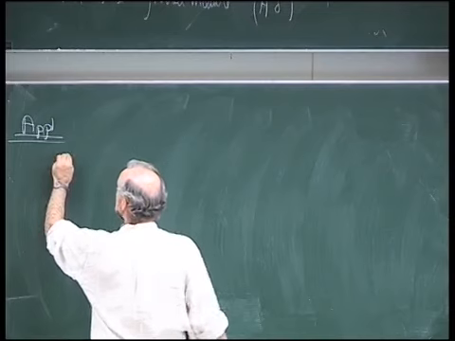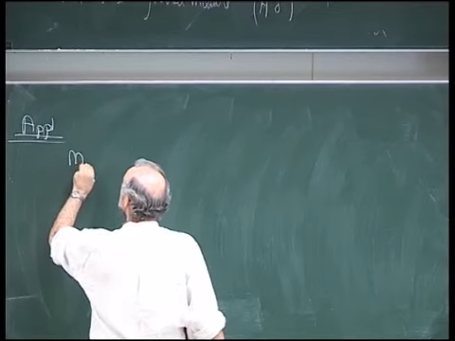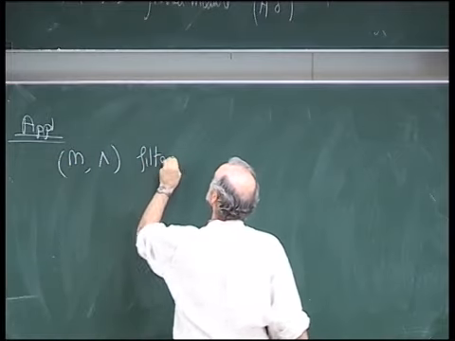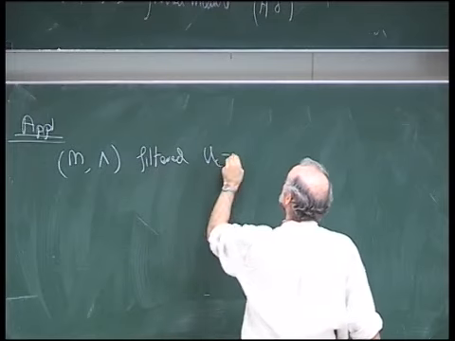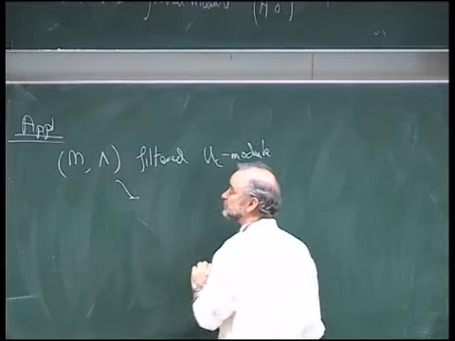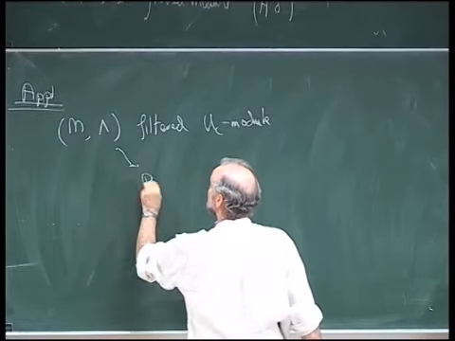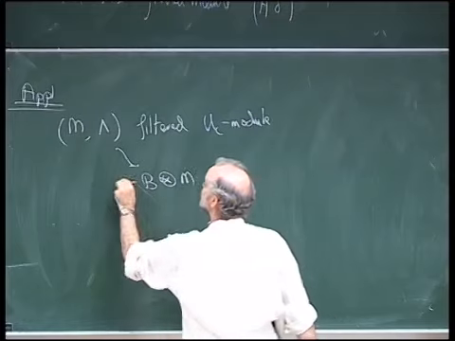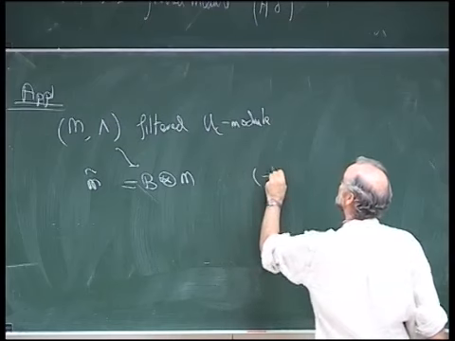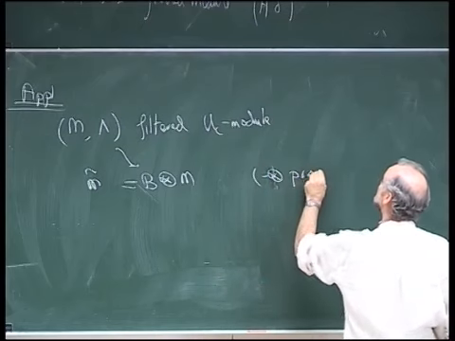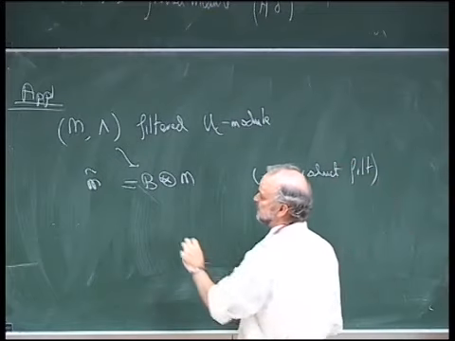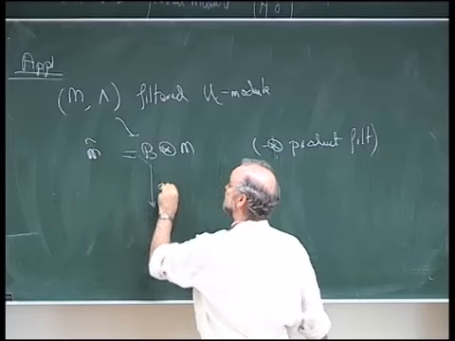So the way we do that is we start with M, let's say a filtered U_c module, or I could start with H_c. Then I go to B tensored with M tilde, and here you use the tensor product filtration, the induced filtration basically. And then I can take the graded of that.